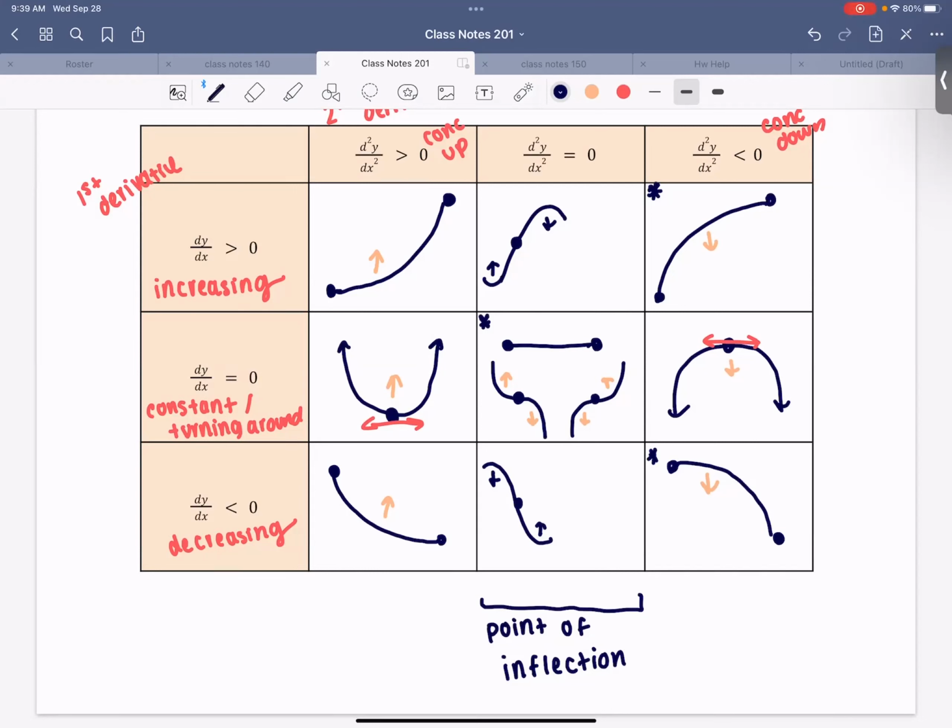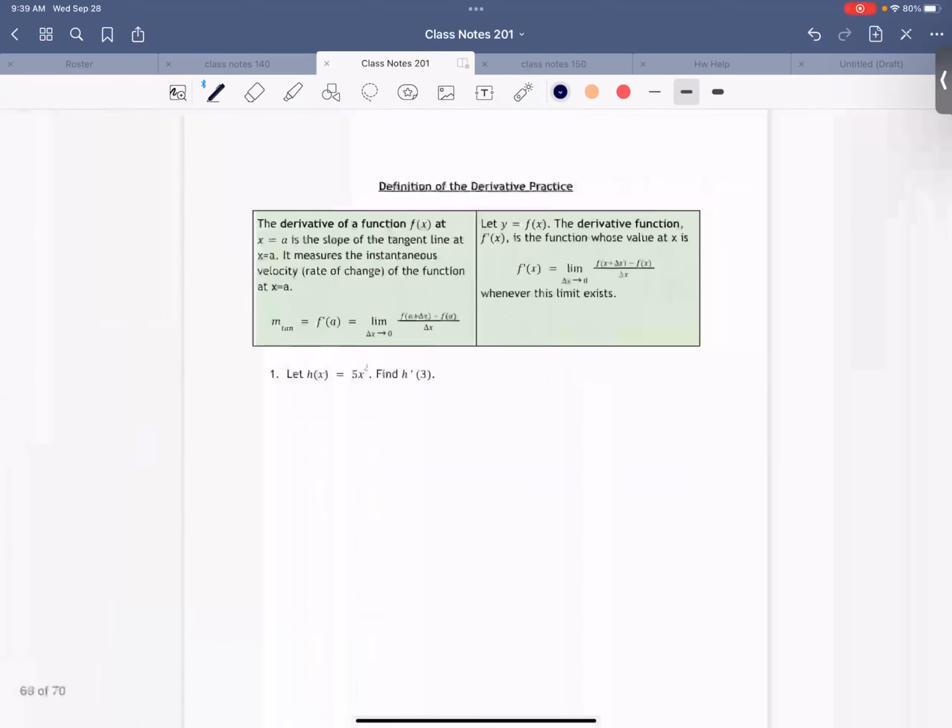What I want you to do is to take some time, practice with finding the derivative of these functions using the definition. I think this might give us a little bit more practice. As you'll do these questions over and over, you'll see that the steps are kind of the same as you keep doing them. So I want to kind of drill it into your minds on how to do these.